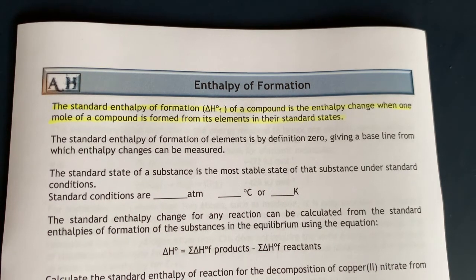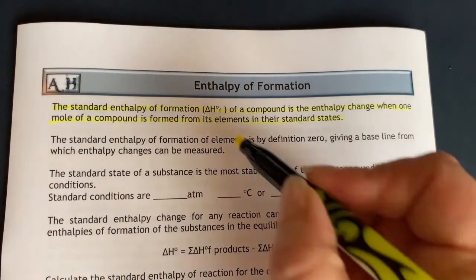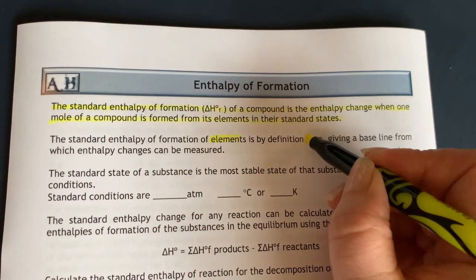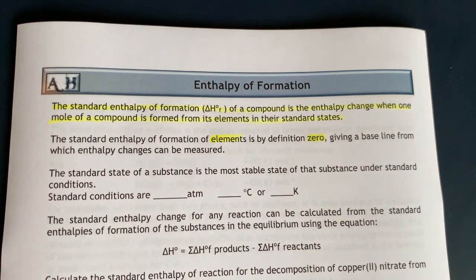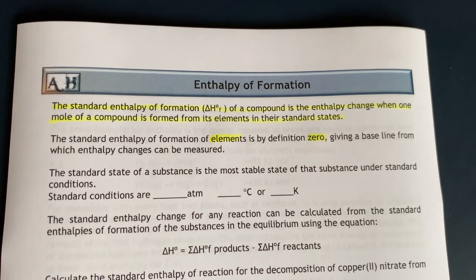What's also massively important and applies during all the calculations is this next line. The standard enthalpy of formation of elements is by definition 0. So elements are 0, which gives you the baseline of 0 from which enthalpy changes can be measured. The standard state of a substance is the most stable state of the substance under standard conditions.